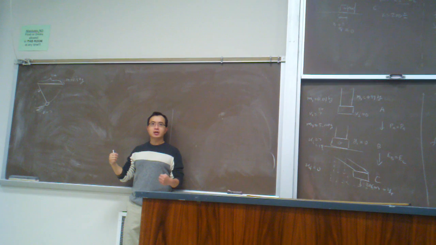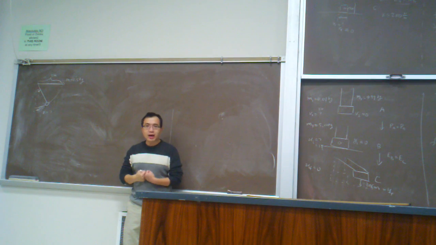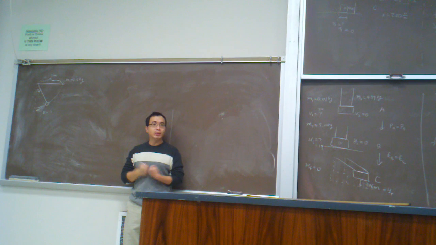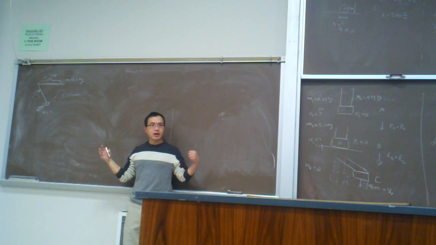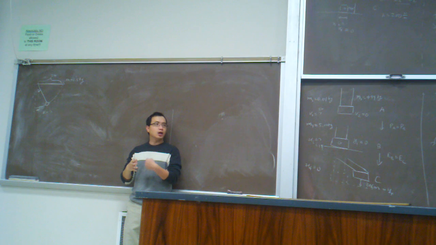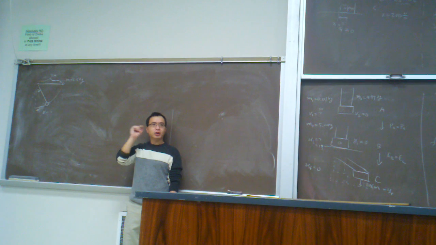If this is a collision process, you may have the momentum conservation. If it's a dropping process, mechanical energy conservation. If it's a compressing process of a spring, you may have mechanical energy conservation. So each problem, you need to think about what kind of process you are talking about. And then you pick up the equation.